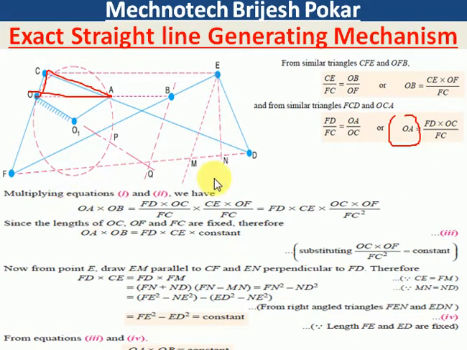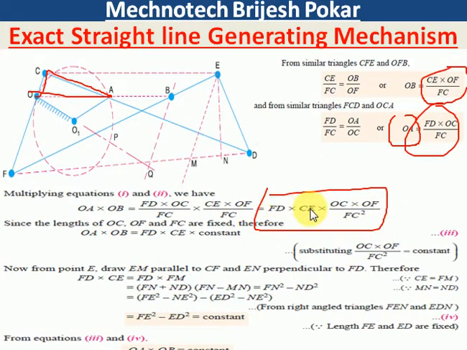Now we have to multiply. OA into OB is equal to, putting both things over here, you will have the equation FD into CE into OC into OF upon FC square. If you multiply both, you will have this equation, right? And this is OC, OF and FC square.